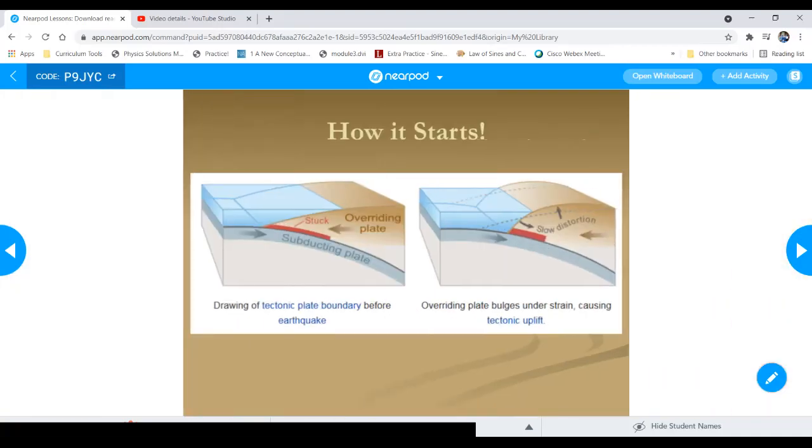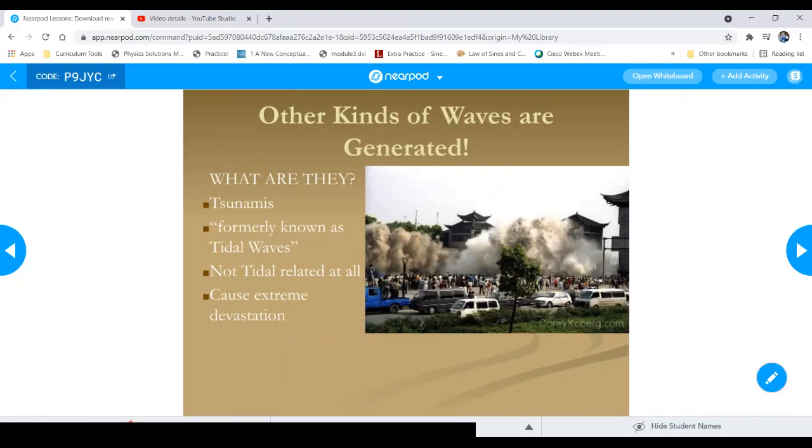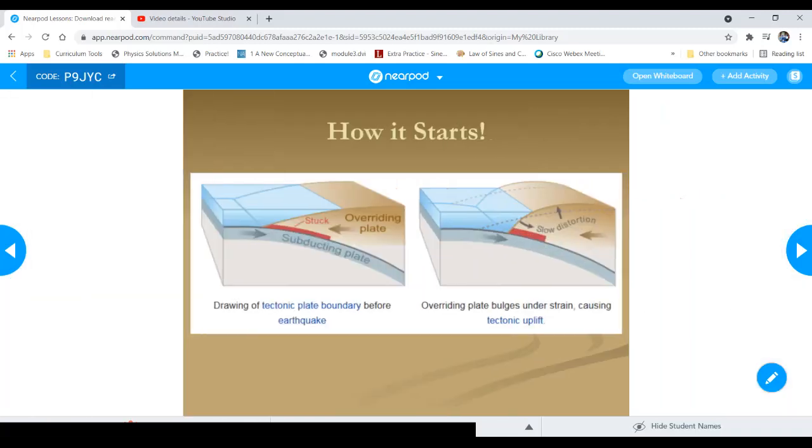All right. And finally, a water wave. I think we've all heard of tsunamis. We used to call them tidal waves, but they're not related to the tides at all. It's a different type of wave. This is a water wave, and they are caused by the plates of the earth. Basically, it gets stuck, and over time, it begins to bend the rock above it.